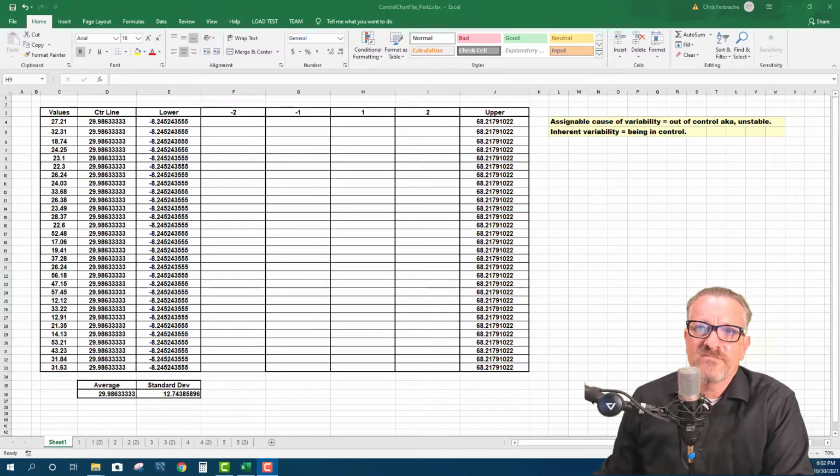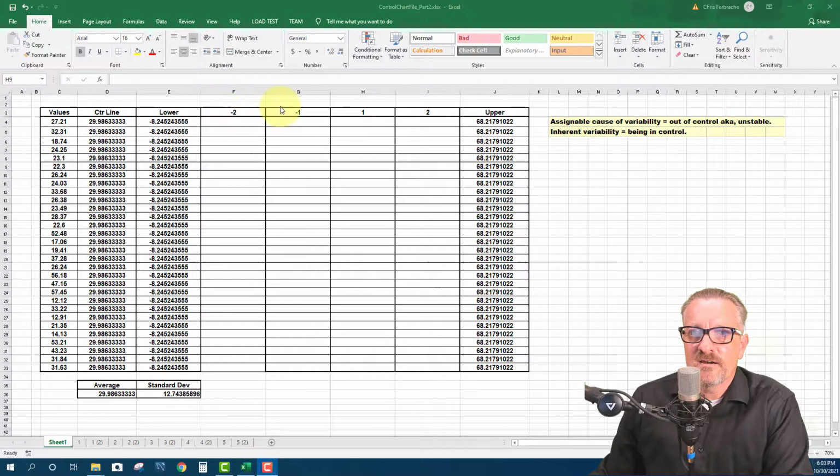To make it easier on ourselves, we're going to make lines that are 1 standard deviation below, 2 below, and then a line that's 1 above and 2 above, and then our upper limit is 3 above the mean, and the lower limit is 3 below the mean.